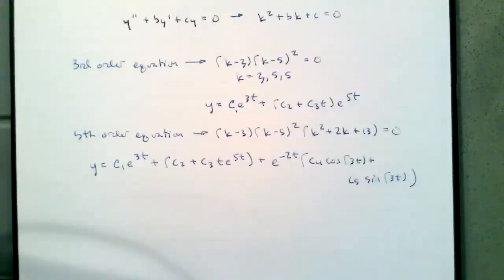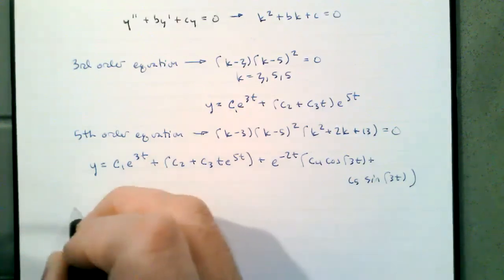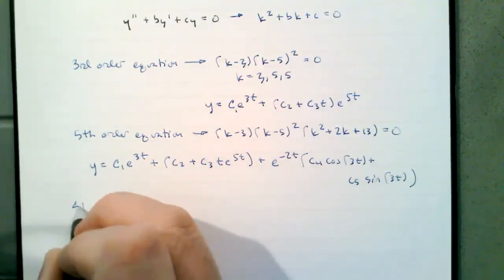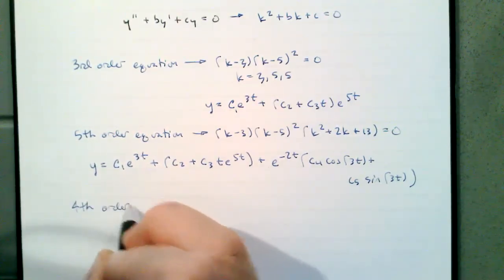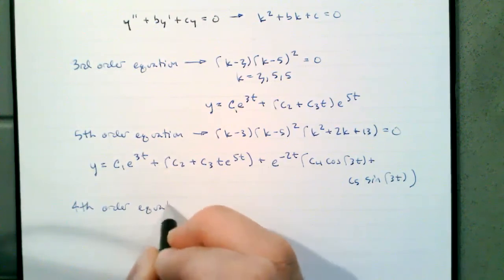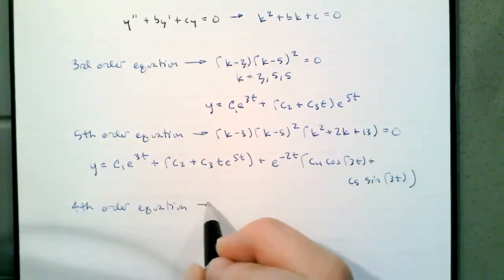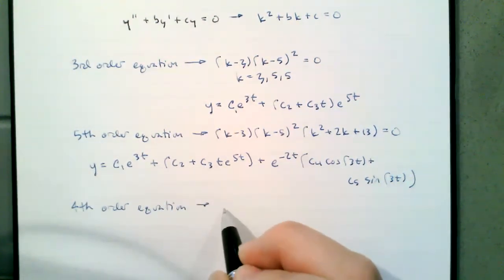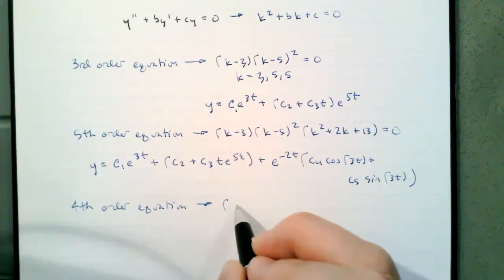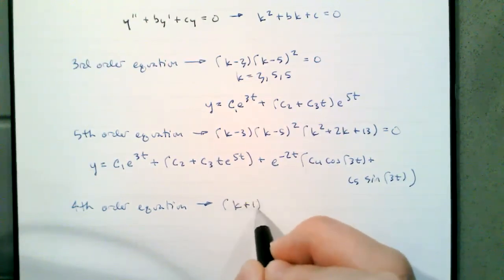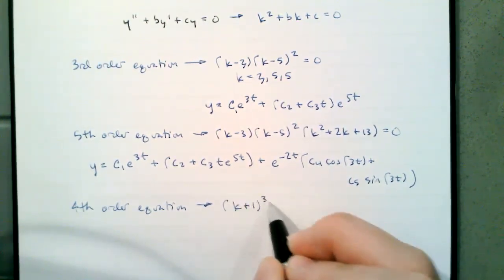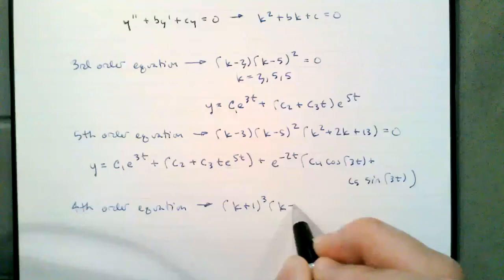Let's suppose, go one more example, and then we've got this whole thing covered. Let's suppose that we had a fourth order equation where our characteristic polynomial was k plus 1 to the third times k minus 3.